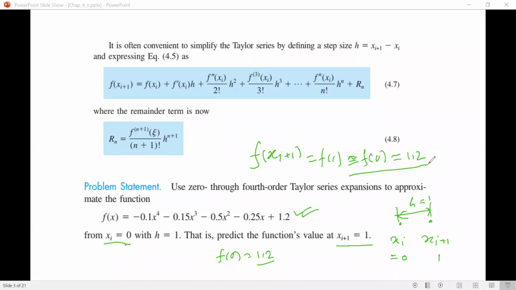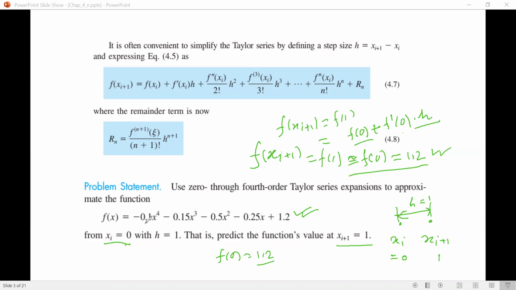Then if you want to find the first order approximation, and you want to add another term to it, then f1 can be written in this way: it will be equal to f0 plus your first derivative at point xi multiplied by h. In this way you can do it.